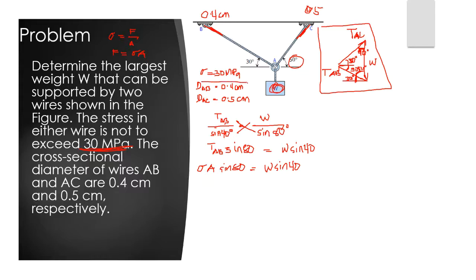So our stress is given here, 30 times 10 raised to 6. And the area for AB is pi over 4 of 0.4. That is in centimeters, so we'll be dividing that by 100 to translate this into meters.